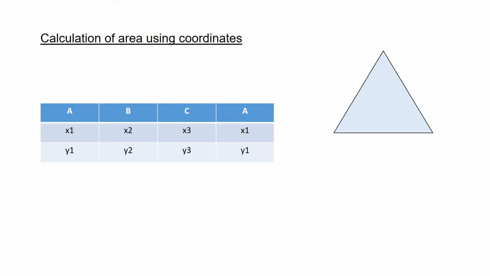Now I wish to calculate the area of a polygon using its coordinates. For example, I have taken a triangle and named its vertices A, B and C in anti-clockwise sense, and the coordinates are given in this table. Before applying the formula, first I would draw two types of lines from coordinate to coordinate in this table.